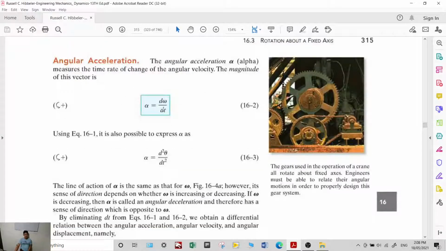So since your omega is just d theta over dt, if you plug that in, you will get d squared theta over dt squared.